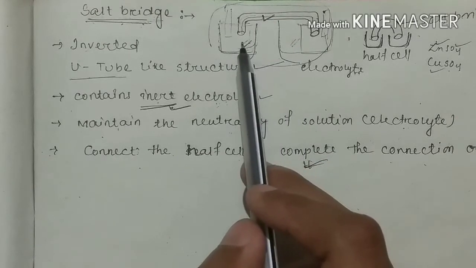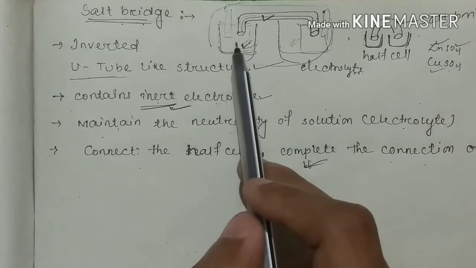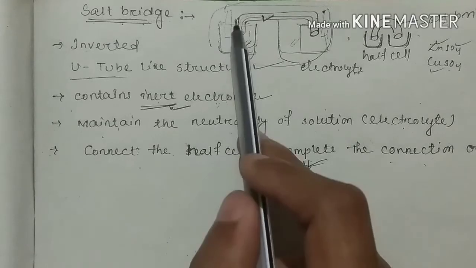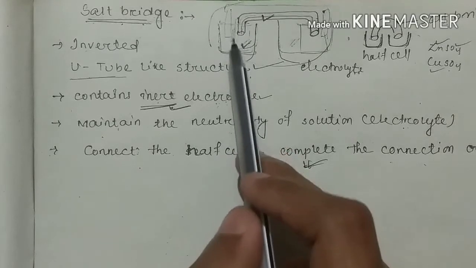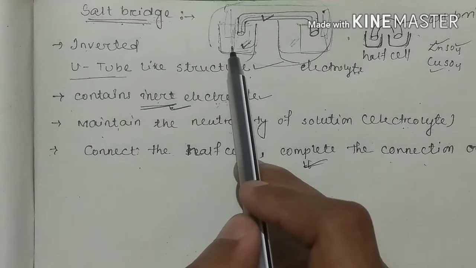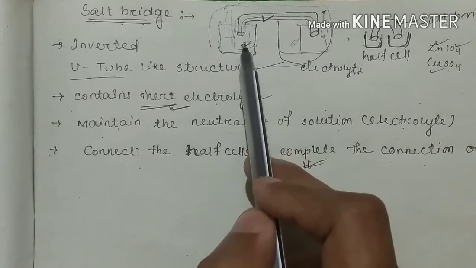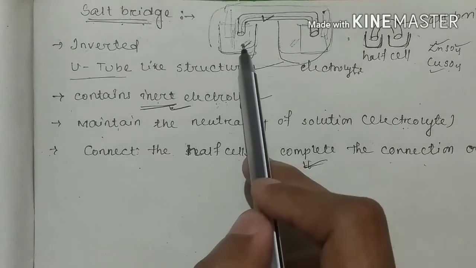Where oxidation is taking place, electrons are exiting from that half cell, so the salt bridge provides ions to maintain the neutrality.